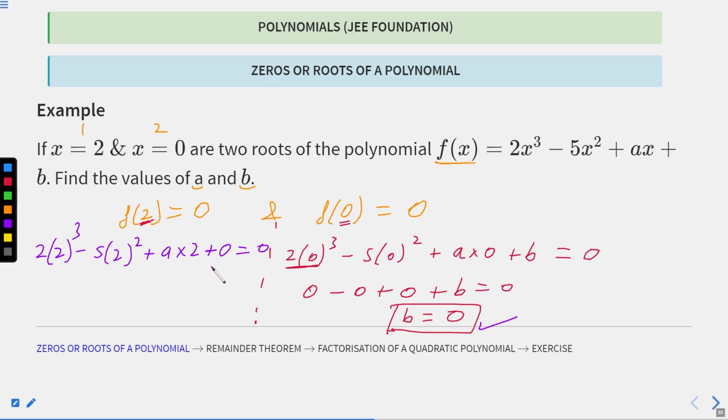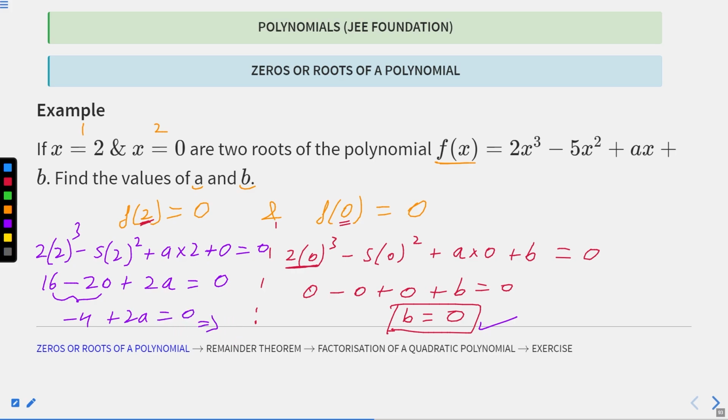So I just replace the value for b. Now this will give me 2 cube is 8 times 2 is 16, minus 2 square is 4 times 5 is 20, plus 2 times a equals 0. Now solving this will give me minus 4 plus 2a equals 0.